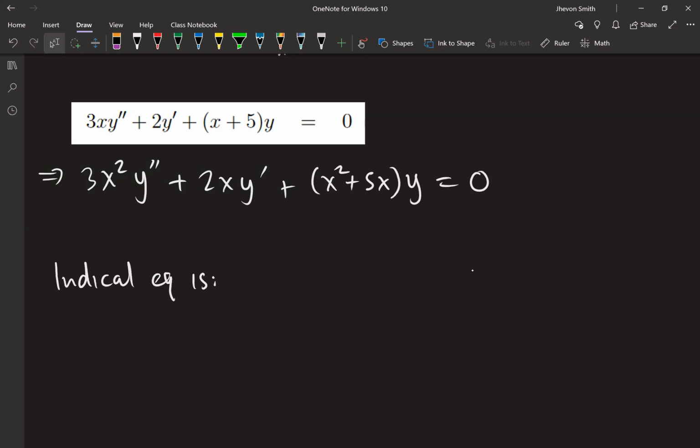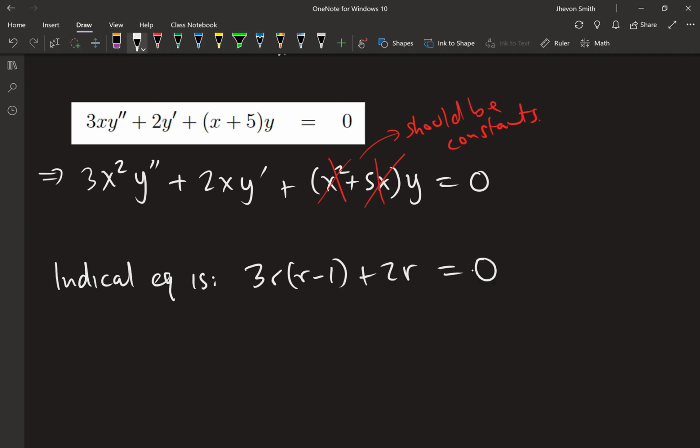Then I'd look at who actually falls out of line with an Euler equation. That one is okay, but both of these will not work in an Euler equation because these should be constants. So now the indicial equation would look like 3r times r minus 1 plus 2r equals 0.